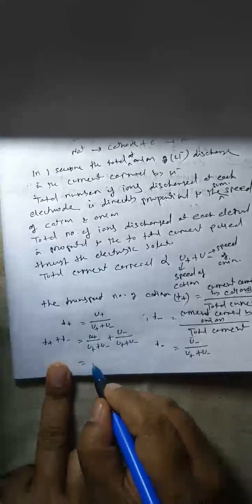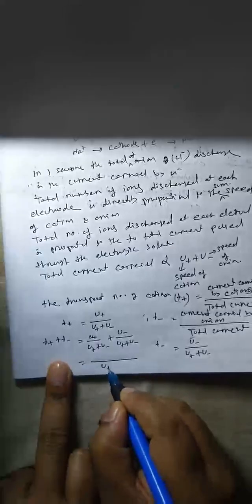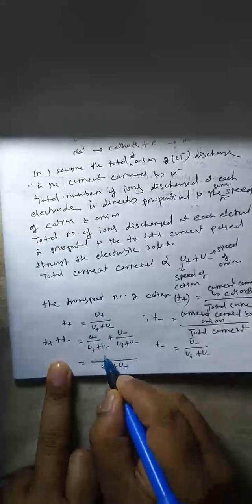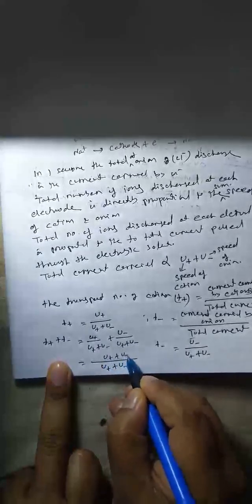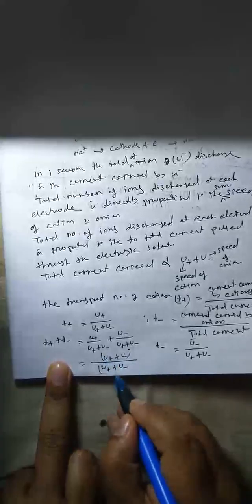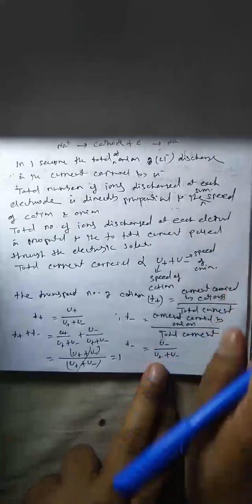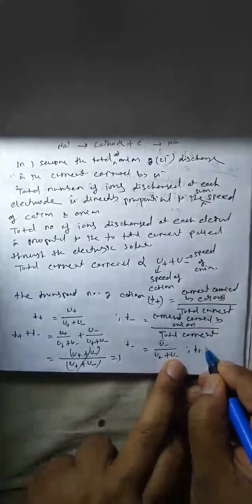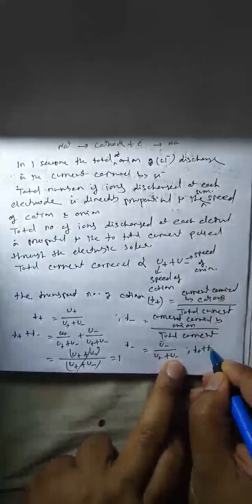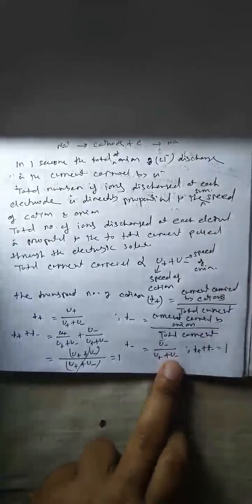When you add the sum, you get U plus plus U minus divided by U plus plus U minus. This cancels, we get 1. So the transport number of cation plus transport number of anion is always 1.